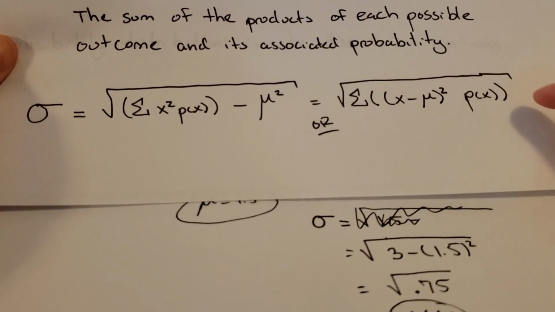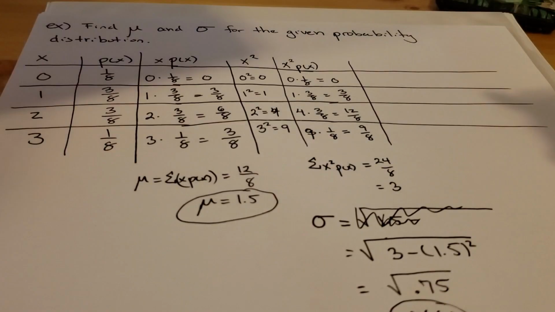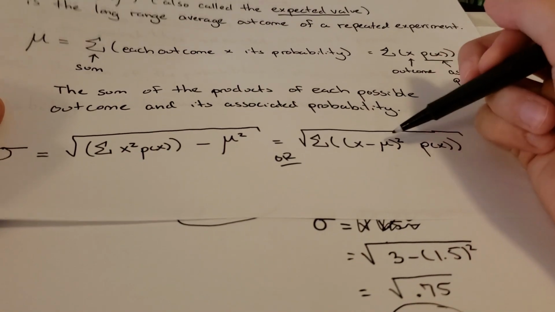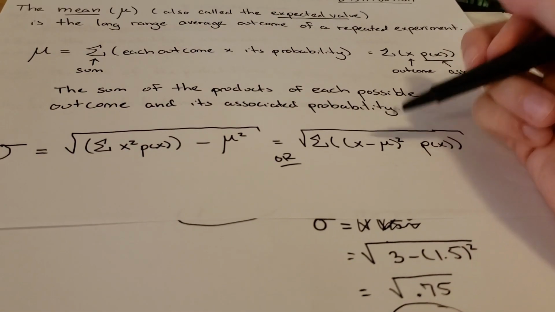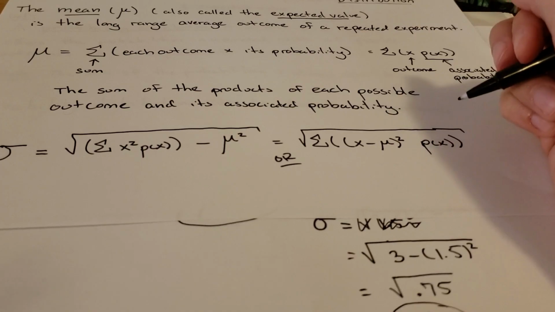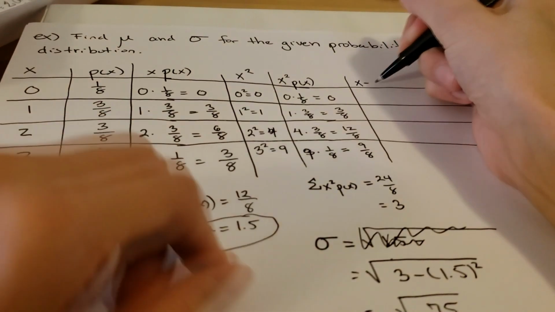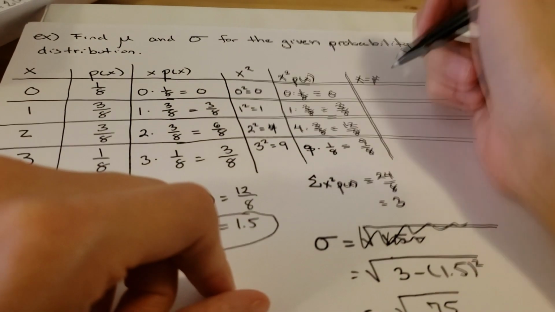Now we'll go through the other formula that you could choose to use. And that's what we're going to be doing with the rest of this space over here. So we want to take each x value, subtract the mean, and then we want to square that value and then multiply it by the associated probability. Okay, so first we'll do x minus the mean.